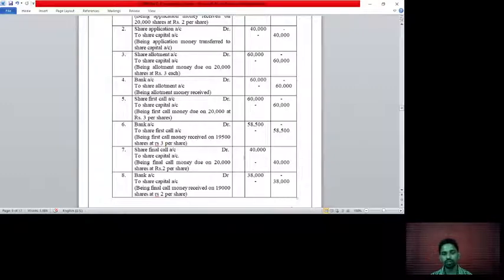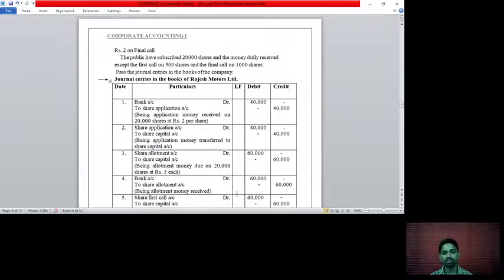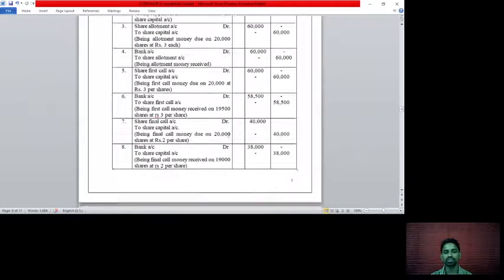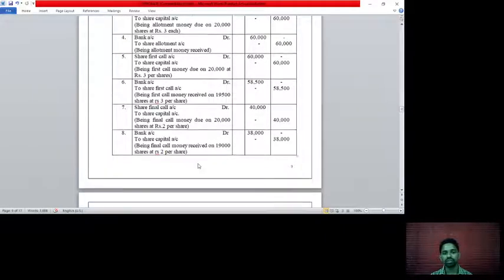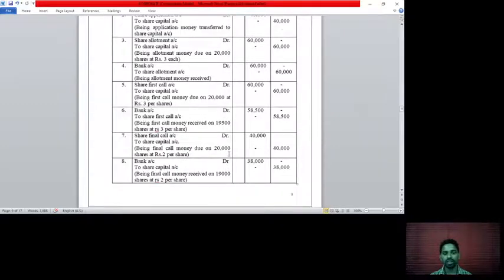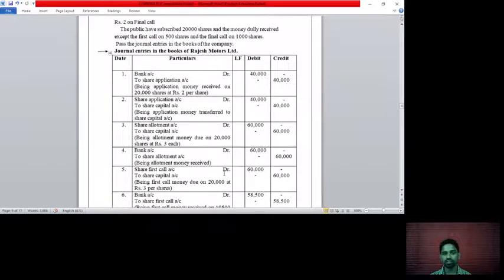Since it is mentioned that in the final call 1,000 shares are not received, you have to subtract these 1,000 shares from the 20,000 shares. So bank account debit rupees 38,000 to share final call account credit rupees 38,000. The narration is being final call money received on 19,000 shares at rupees 2 per share. It means 1,000 shares are excluded. Like this, we have to solve problems on under subscription.